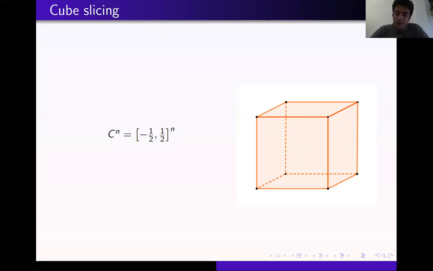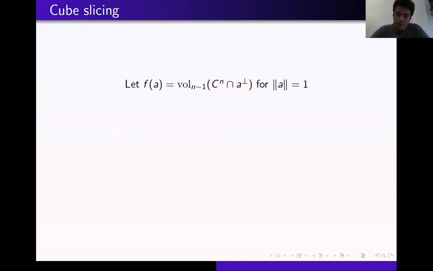This was studied quite a while ago, and for explaining in detail some of its properties, let me introduce some brief notation. It's very simple this time. For every unit vector A, we will denote by f of A the n-1 dimensional volume of the section of the cube with the orthogonal hyperplane to A passing through the origin.